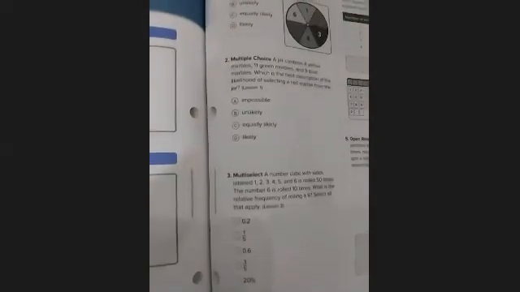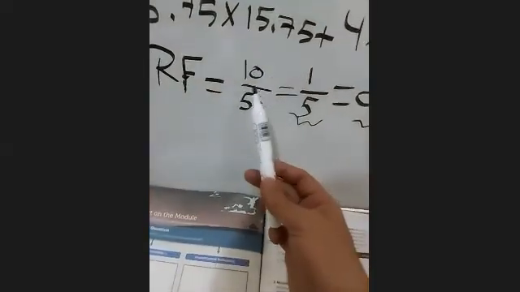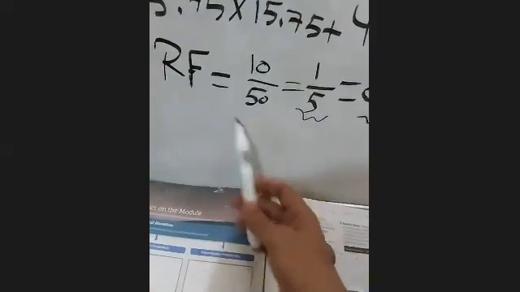This is question 3, guys. Now, the relative frequency is similar to the probability: the number of events over the total. Let's see question 4 now, guys. Question 4, Omar.